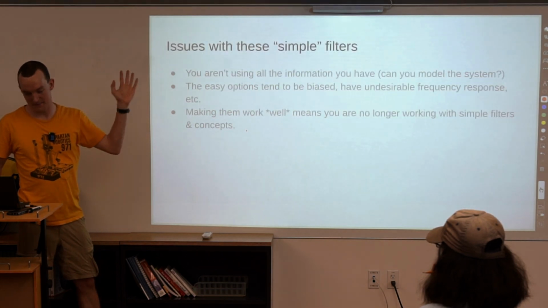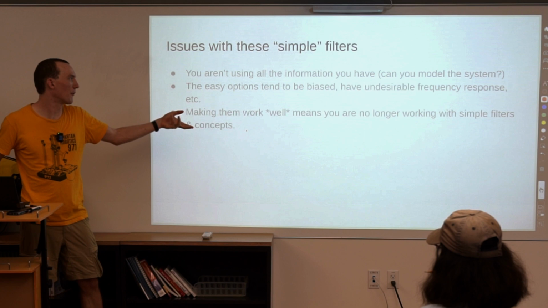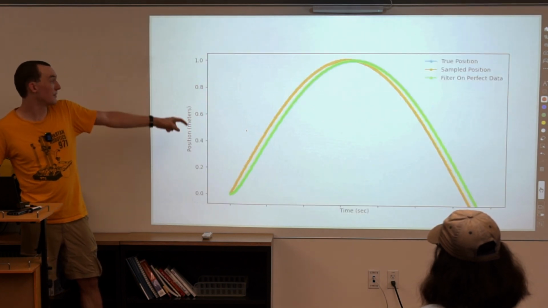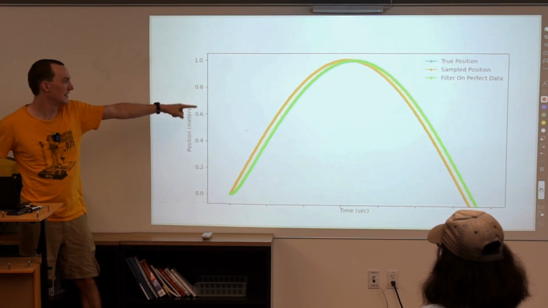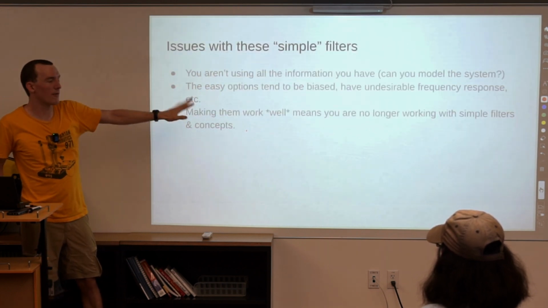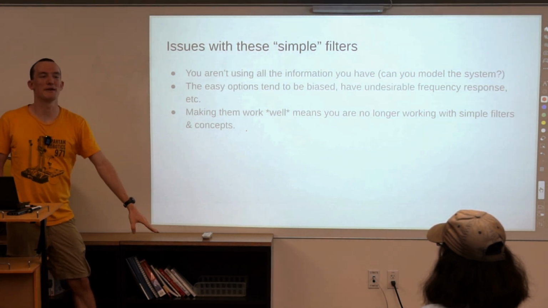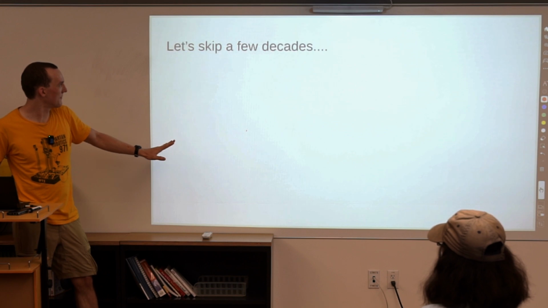So they can be hard to get to work well and are not always actually what you want. Also, as I said, you aren't using the fact that you may know how the system works. Maybe you don't know how your system works and you have no better option, but you probably do. You probably at least know that when you apply a voltage, your mechanism moves in one direction or the other.